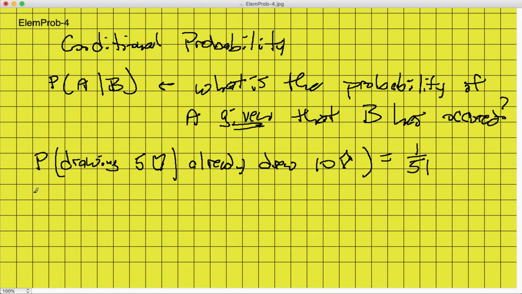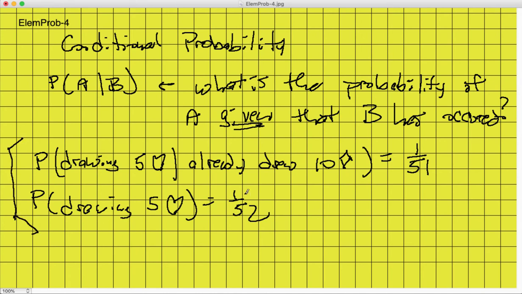That is different than asking what's the probability of drawing the 5 of hearts. That would be 1 over 52. Okay? I hope intuitively this is all clear.